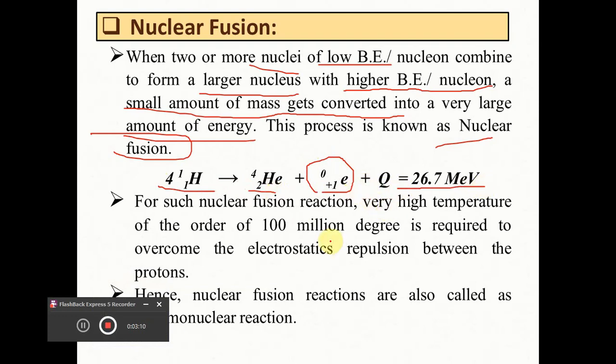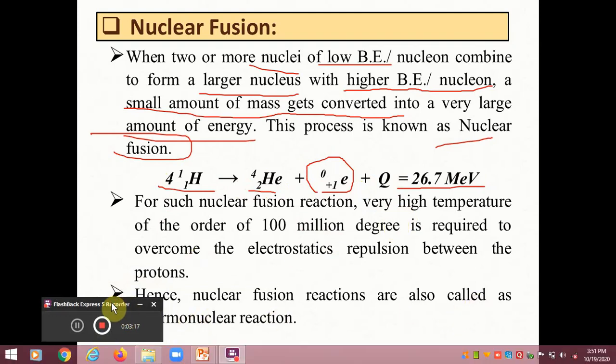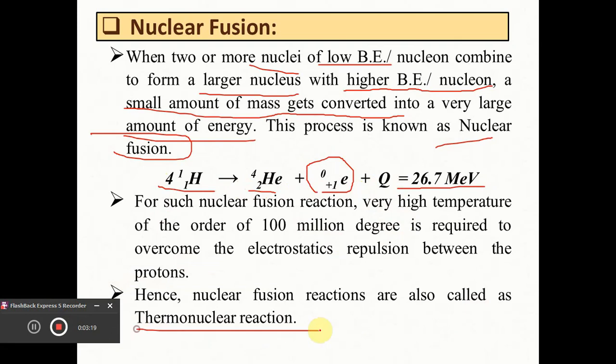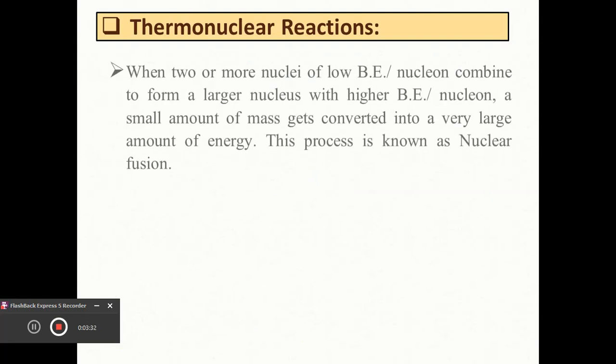For such a nuclear fusion reaction a very high temperature is required, and that's why these reactions are also called thermonuclear reactions. So dear friends, today in this part we will discuss some examples of thermonuclear reactions, which are also called nuclear fusion reactions.